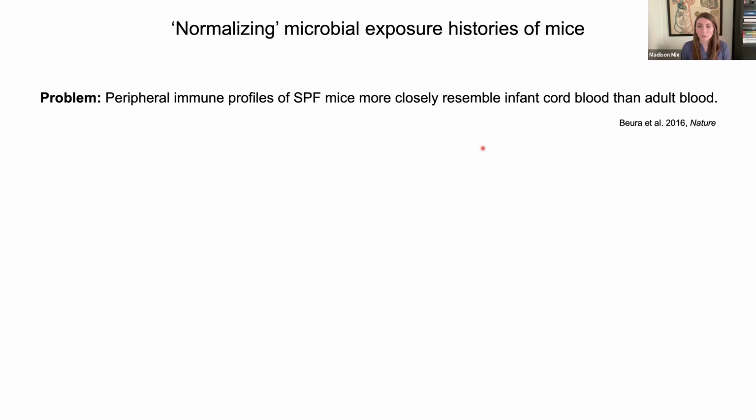And one explanation behind this could be the fact that in humans from birth to adulthood, there are going to be multiple microbial exposures that are going to drive the maturation and development of our immune system. And so several groups have had very vested interests in understanding how we can bring up the microbial exposure histories of mice to maybe better recapitulate what we see in humans.